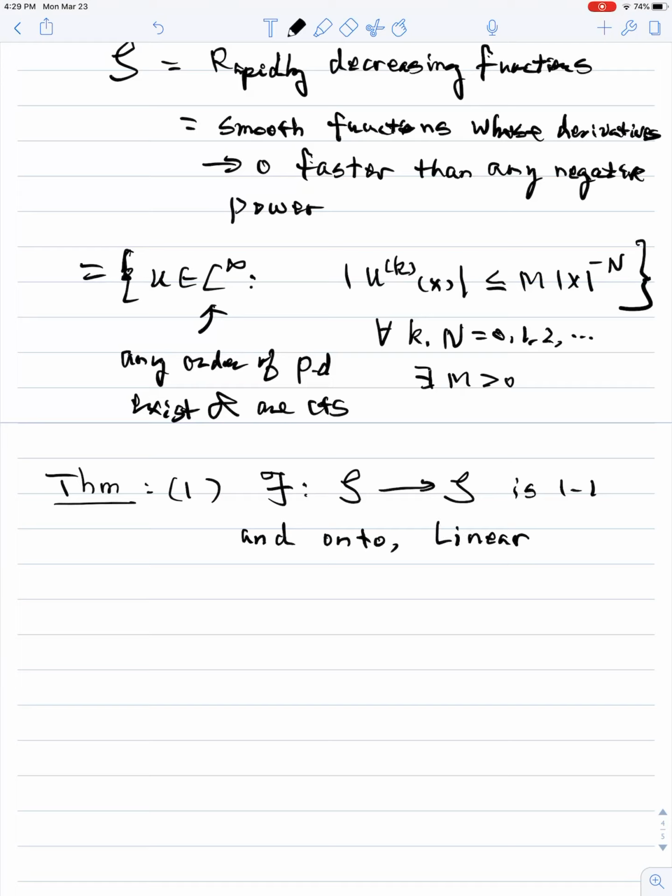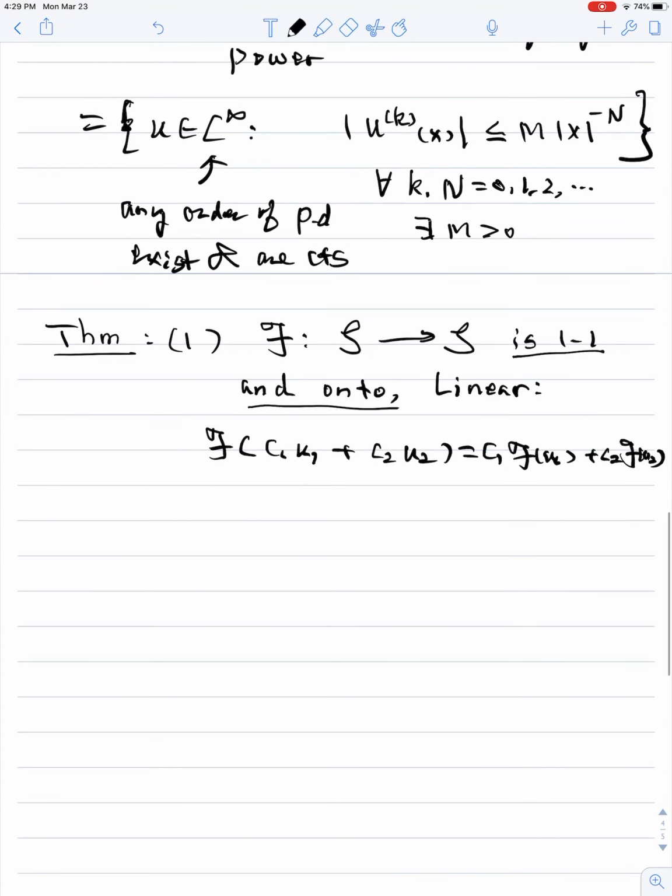Linear means that F of c1 u1 plus c2 u2 equals c1 F(u1) plus c2 F(u2). This just follows directly from the definition. However, we are not going to prove that it is one-to-one and onto. We can just accept these as facts.